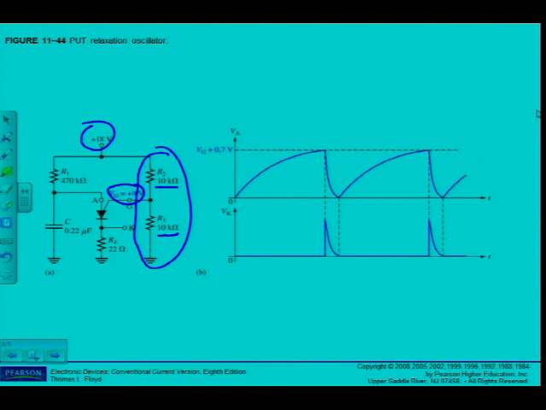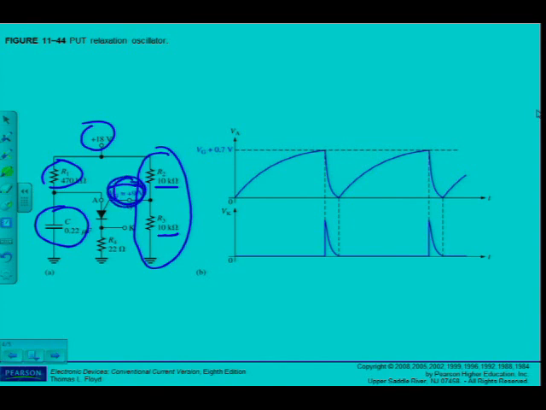So when the DC power is applied, the PUT is off and the capacitor charges towards 18 volts through R1. Here you can see is my capacitor, and it charges through R1 up to a value of 18 volts of the supply. But when the capacitor reaches VG plus 0.7, VG in this case, as we've seen, we've set at 9 volts.